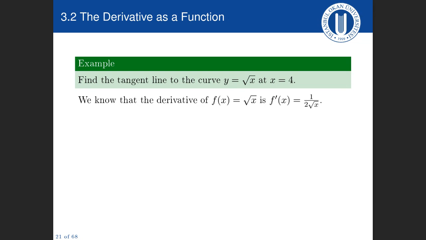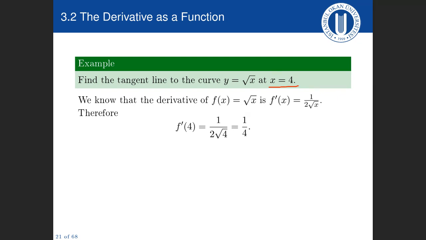Now we've just calculated the derivative of this function. We know that the derivative of this function is f prime is equal to 1 over 2 root x. And we're interested in this when x is equal to 4. So we need the slope f prime at 4, which is 1 over 2 root 4, or 1 over 4. We want the tangent line when x is equal to 4.